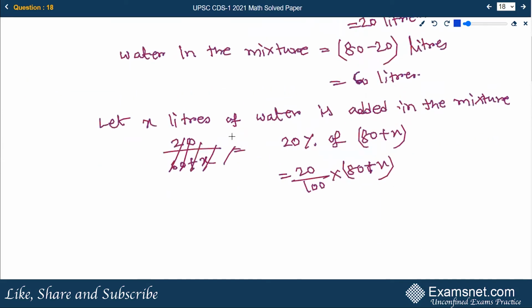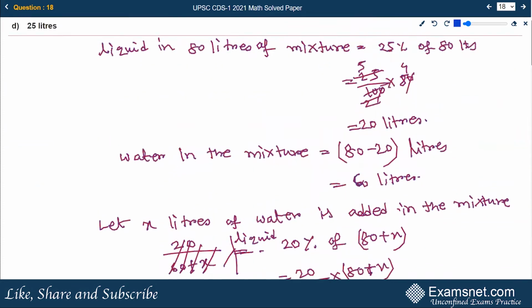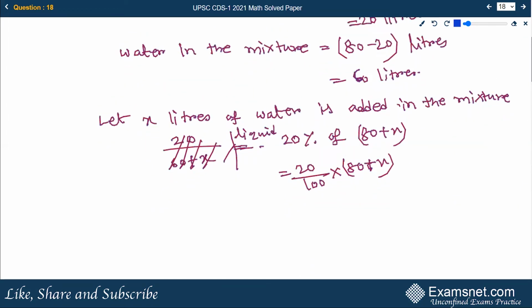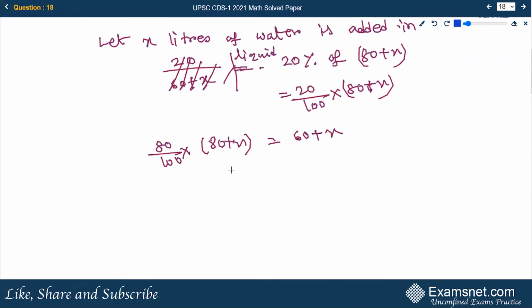So if the liquid is 20%, then 80% will be the water, correct? So 80% of the mixture, that is water. So 60 plus X. Now let's solve it.